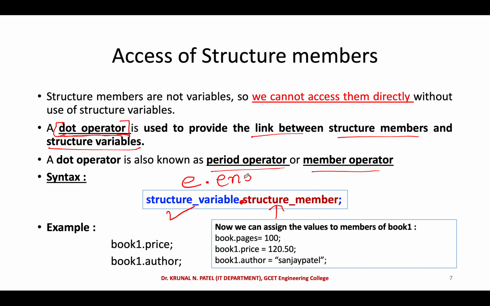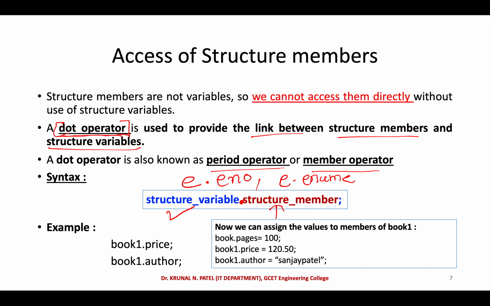So e dot number. If I want to access the name, then e dot name. Likewise you can access a particular member of a structure with the use of the dot operator. Below I have given the example.